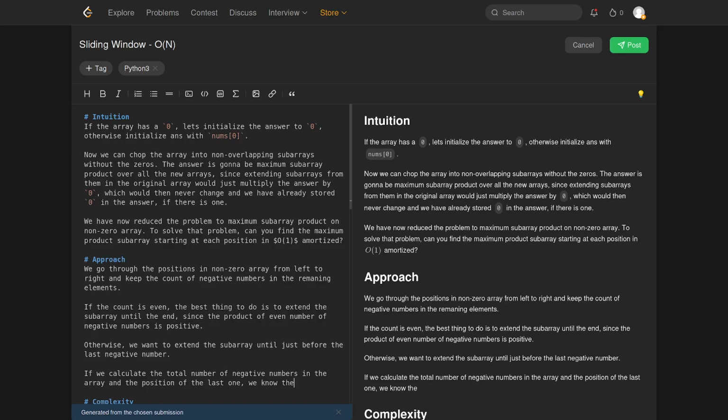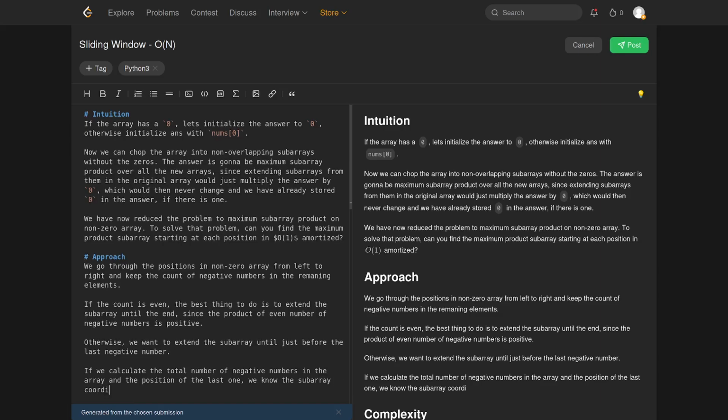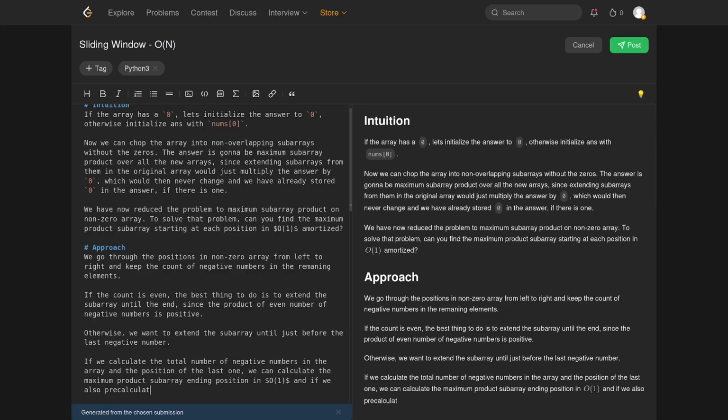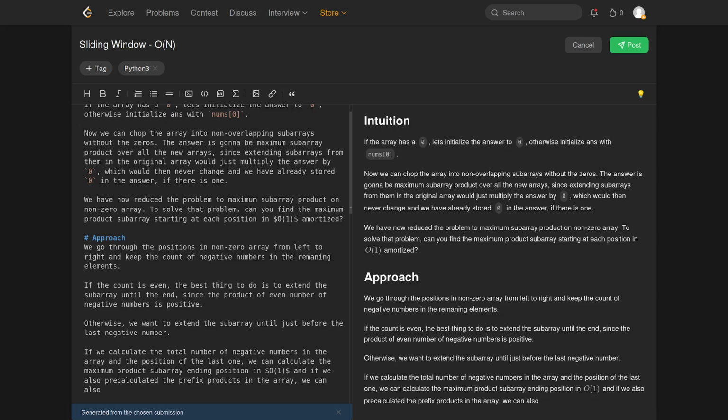We know the subarray coordinates, we can calculate the maximum product subarray coordinates for a given L. Ending position in O(1), and if we pre-calculated the prefix products in that array, we can also calculate the subarray product in O(1).